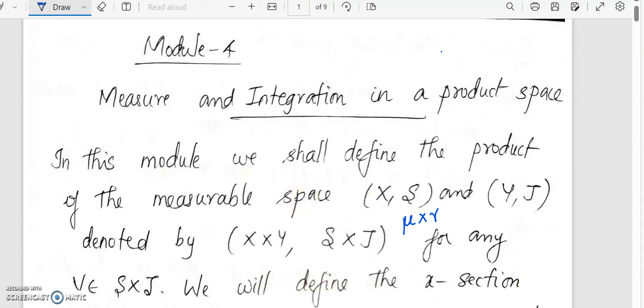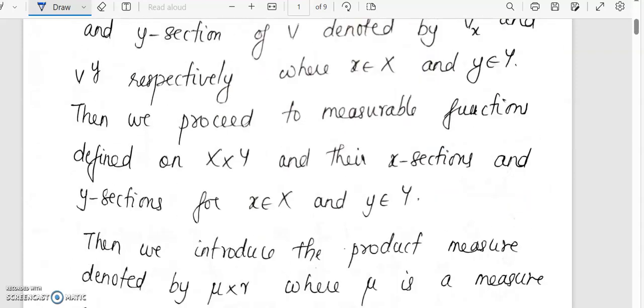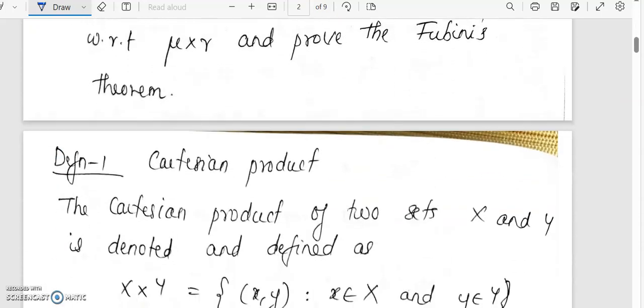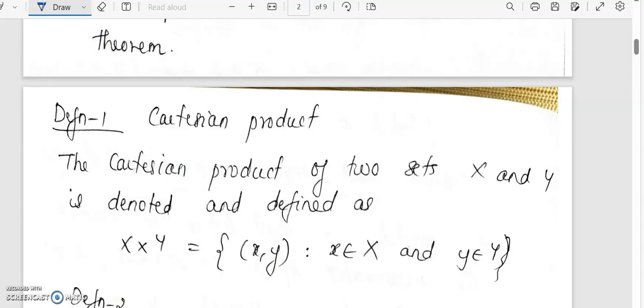Let us move on to the definitions. First we'll look at what is called a Cartesian product. That is the usual definition.